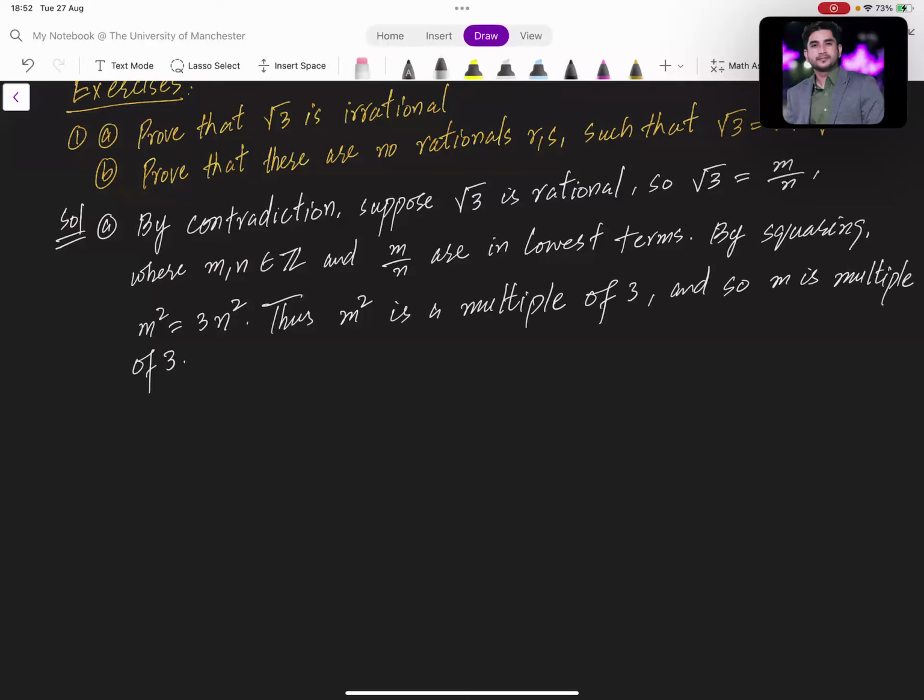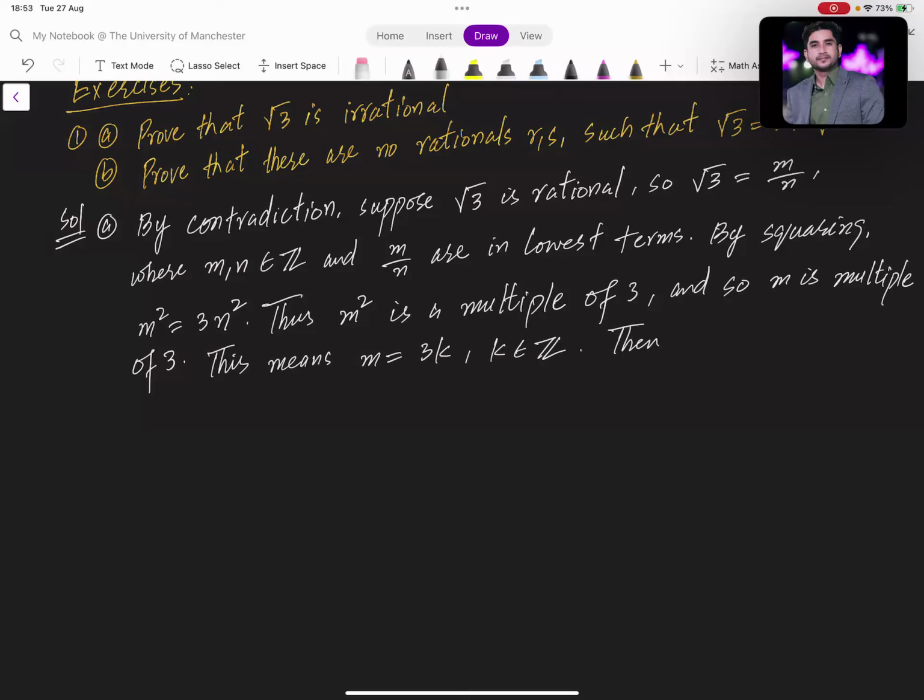We have proved this statement before. This means m can be written as 3 into k for some integer k.